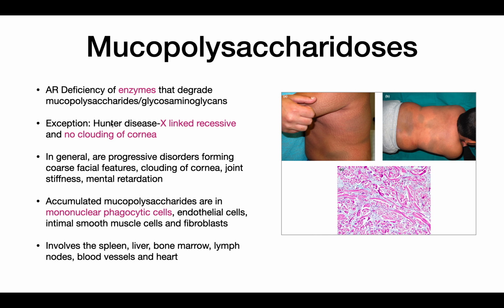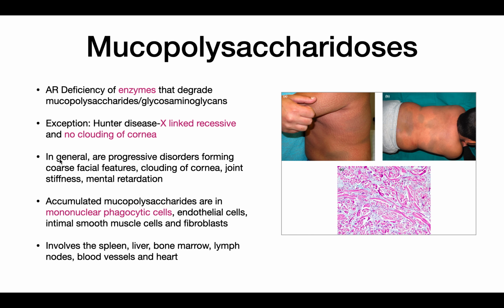Mucopolysaccharidosis is going to be an autosomal recessive deficiency of enzymes that degrade the mucopolysaccharides, or glycosaminoglycans. The big exception is Hunter's disease, which is X-linked recessive instead of autosomal recessive, and there is no clouding of the cornea. So Hunter needs to see well.